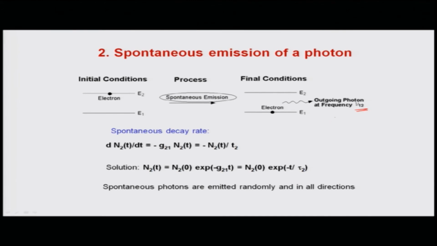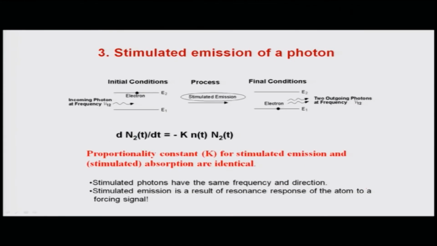However, it does not have any directionality. So, we will have that many number of outgoing photons with respect to the incoming, and they are emitted randomly and in all directions. This is the spontaneous decay rate. So, these are the rate equations that we had already looked at, but in a little bit more quantitative manner.